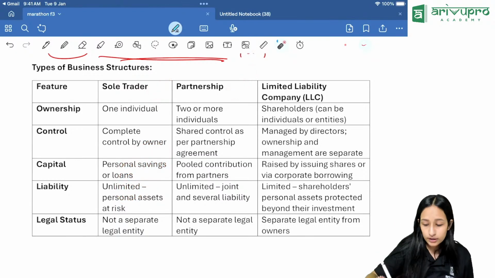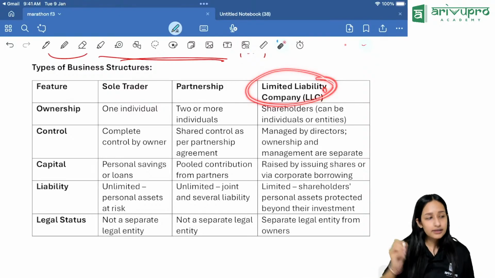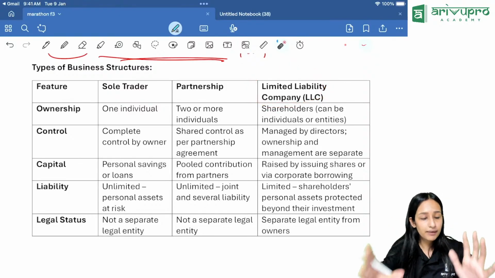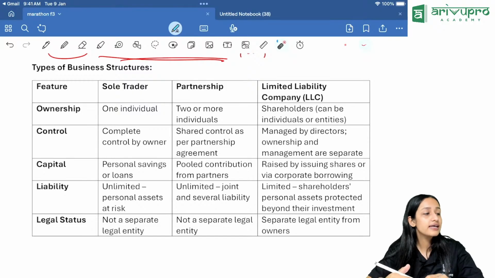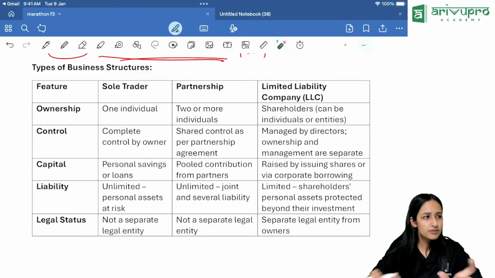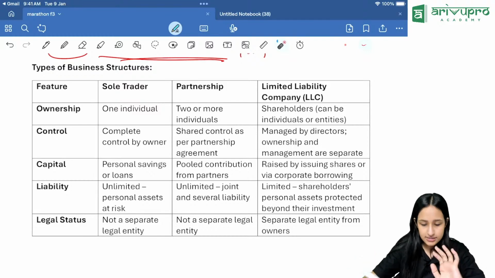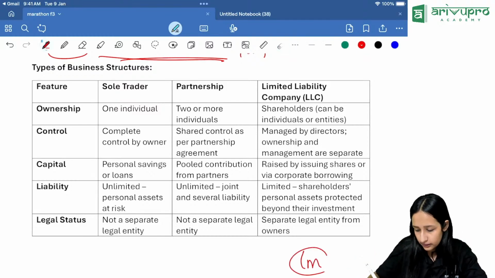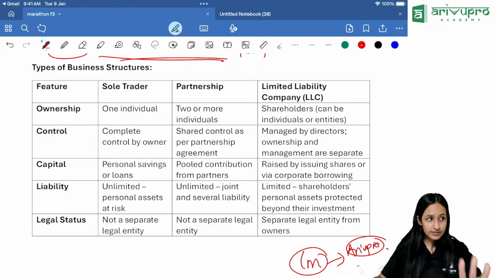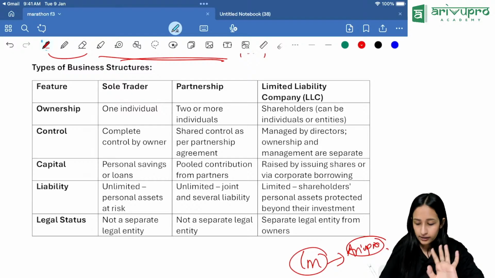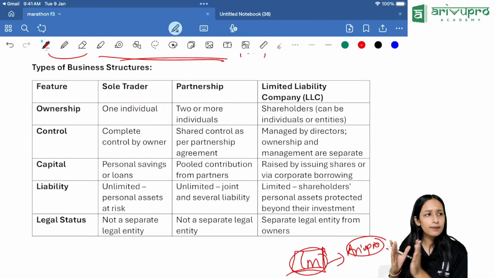But when it comes to limited liability company, the shareholders who invest their money, their liability is limited. What is the meaning of that? Now we'll invest in a company. Let's say I invested 1 million in ArivuPro. God forbid something happens there. The only loss that I have is 1 million.